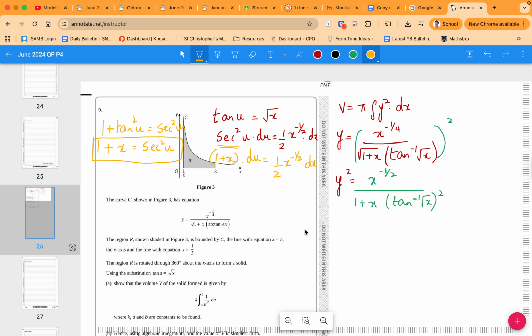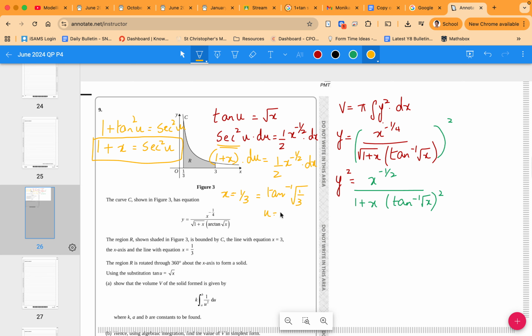Now we have most of the substitutions. We also need to take care of the limits. When x is 1 over 3, tan inverse of root 1 over 3 will give us the value of u.